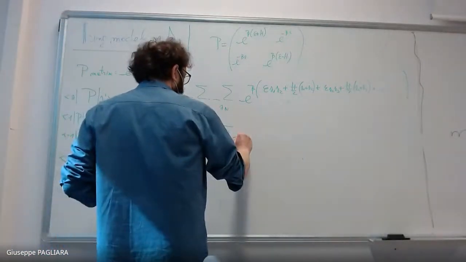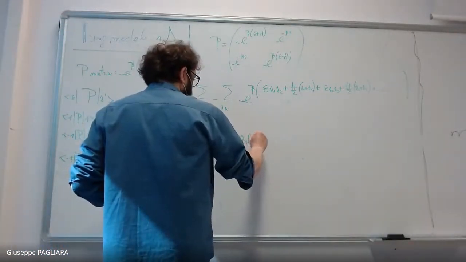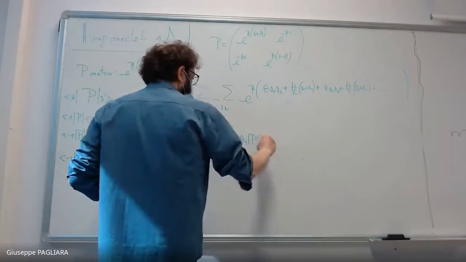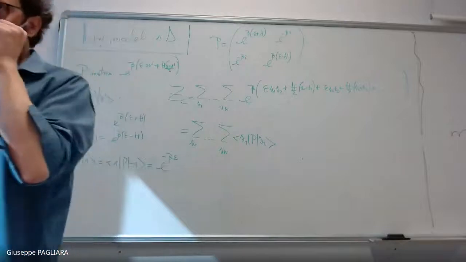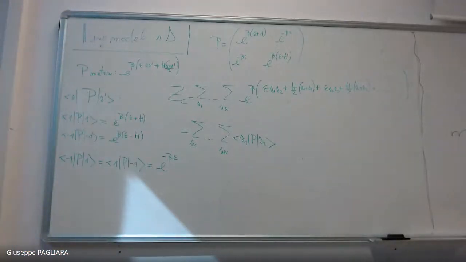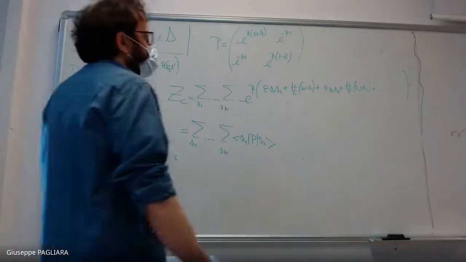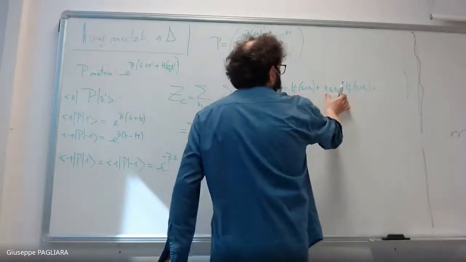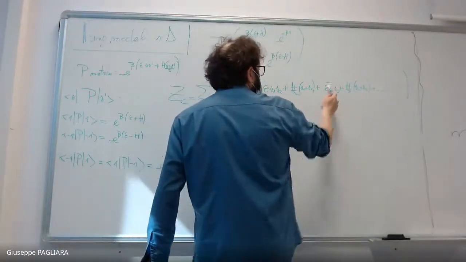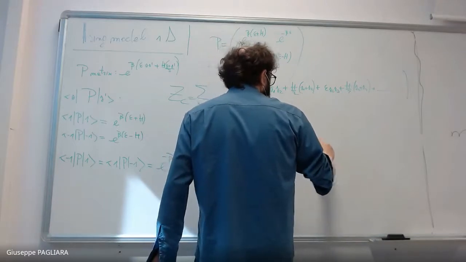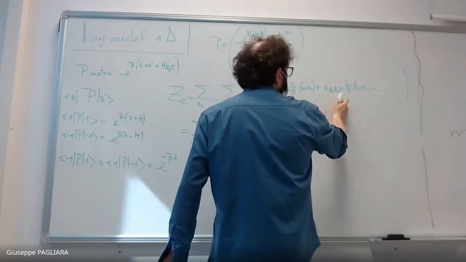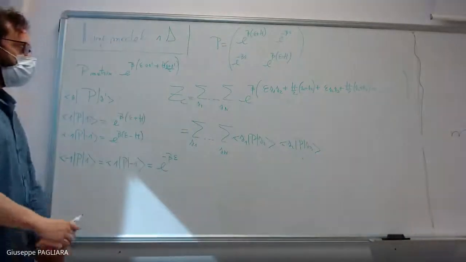So this is ⟨S1|P|S2⟩. The first exponential corresponds to the matrix element between S1 and S2 of P. Similarly, the second term is a matrix element between S2, P, S3, because we have 2 and 3 here.